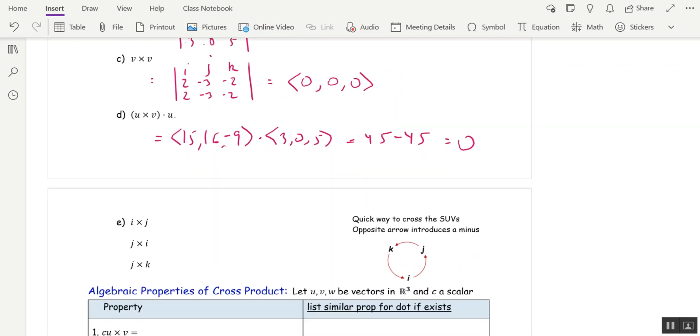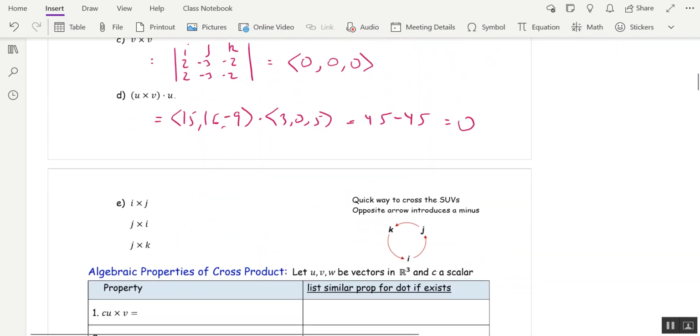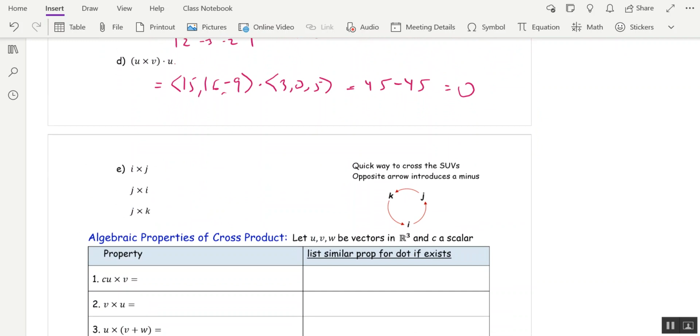Okay, and then before I talk about properties, which is going to generalize these examples that we've seen, there's a quick way to cross the standard unit vectors. You make a circle, I, J, K, and you put arrows from I to J, J to K, K to I. When you cross two standard unit vectors, you follow the circle. So I cross J, go this way, I cross J is K. J cross I: I'm going against the arrows.